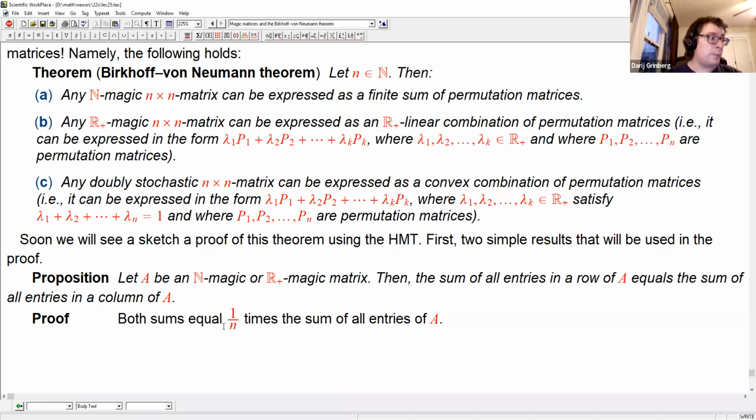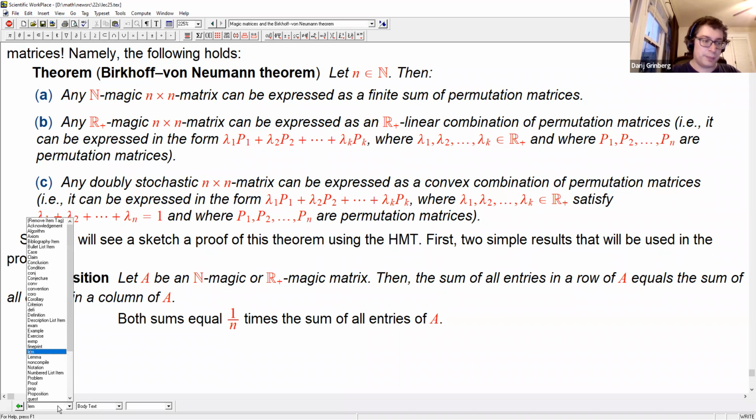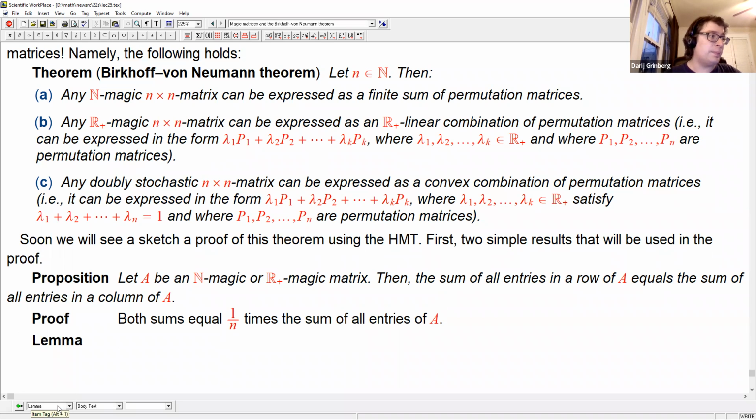And next comes another lemma. This lemma is going to be crucial. And now I'm going to call the matrix M. Sorry for this, because A will soon mean something else.